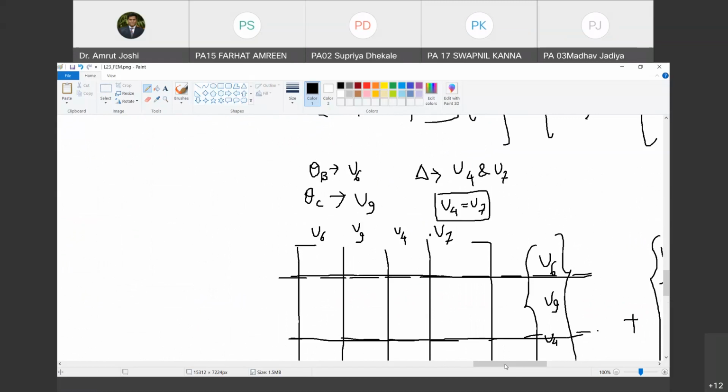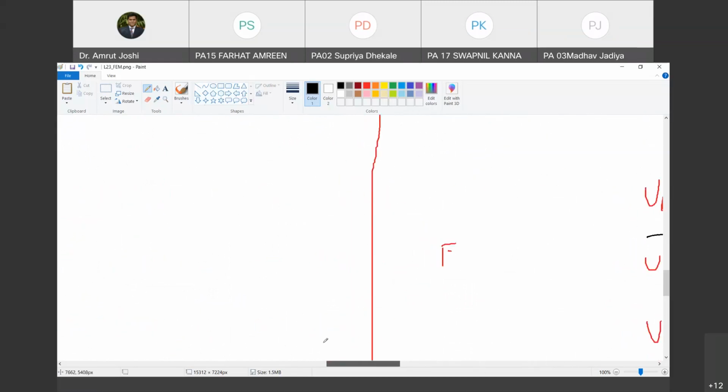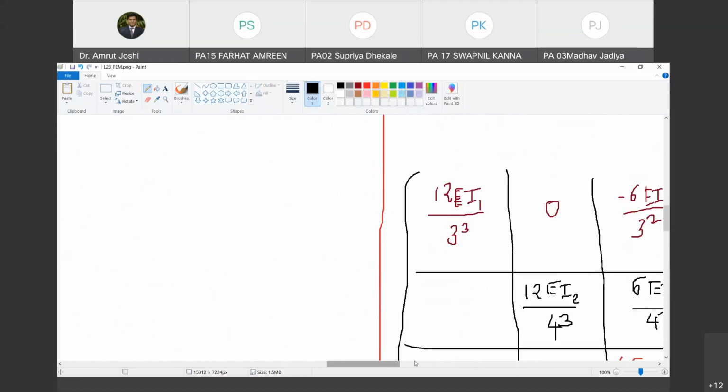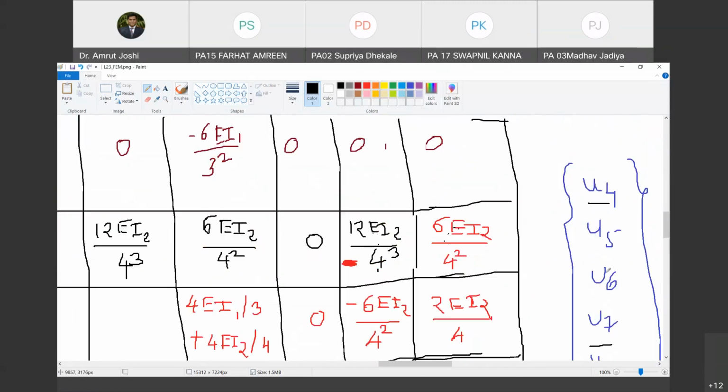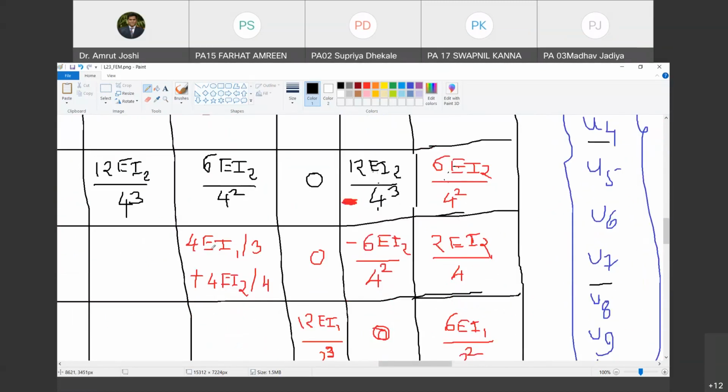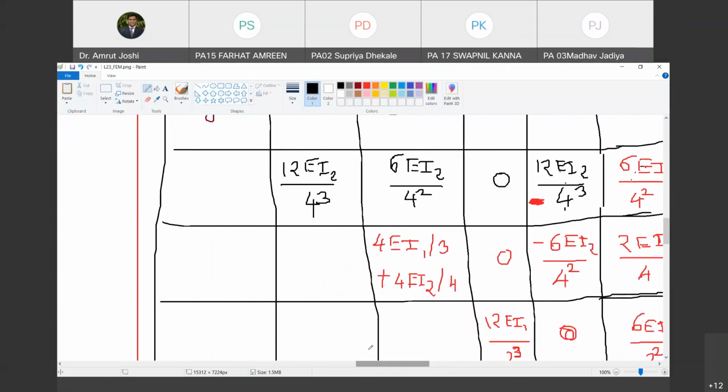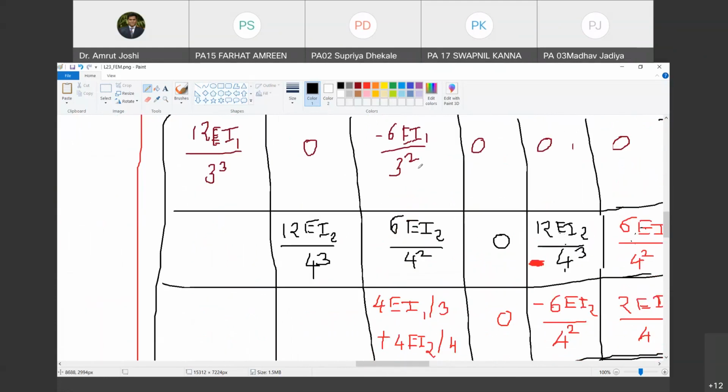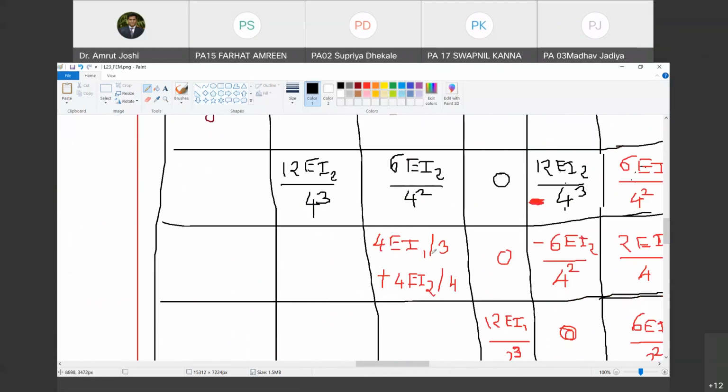तो U6 and U6 corresponding element in that row क्या है बोलो? U6 and U6. U6 is third, so I am looking at K33. Are you with me? Yes. K33 क्या है? 4EI1 upon 3 plus 4EI2 upon 4. But 4EI1 is equal to EI2? So 4 by 3 plus 4 by 4.